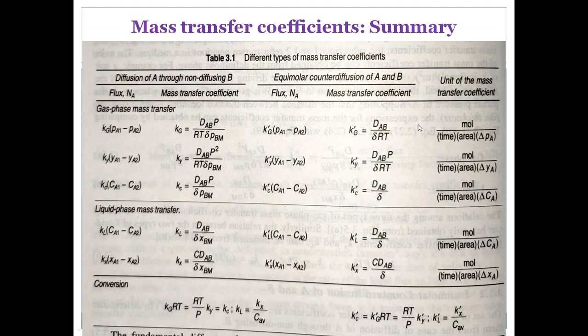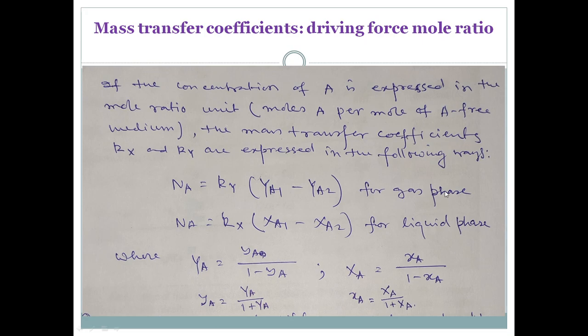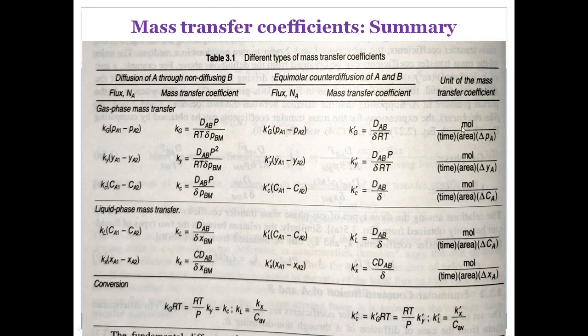But an important aspect you have to note here is the unit of the mass transfer coefficient. Sometimes in your problem statement they will not tell explicitly whether it is Kg or Kc or Ky.